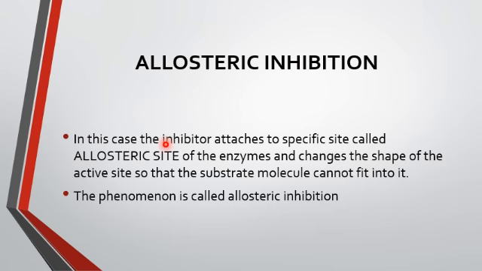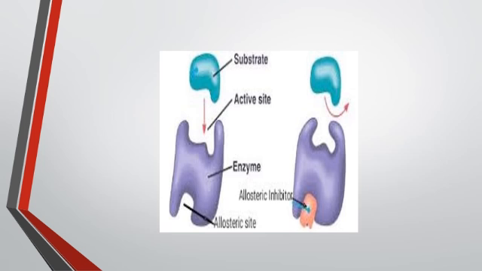In this case, the inhibitor attaches to a specific site called the allosteric site of the enzyme and changes the shape of the active site so that the substrate molecule cannot fit into it, and the reaction is inhibited. This phenomenon is called allosteric inhibition.